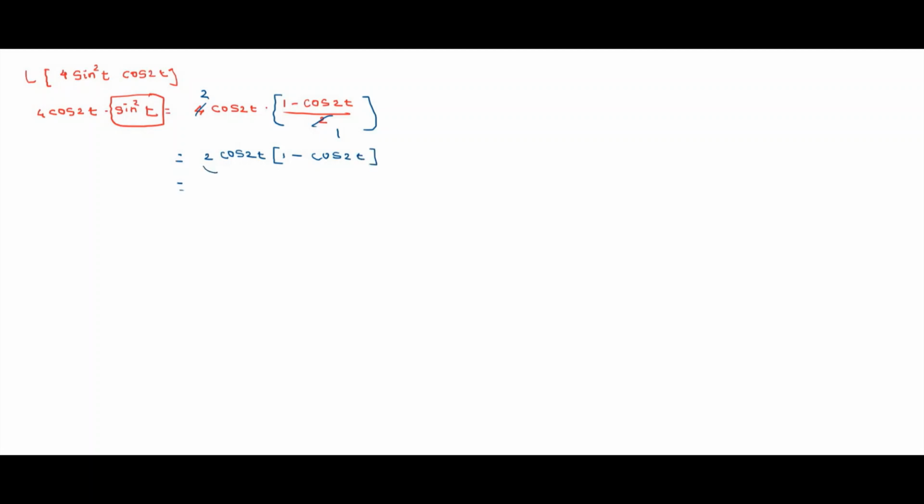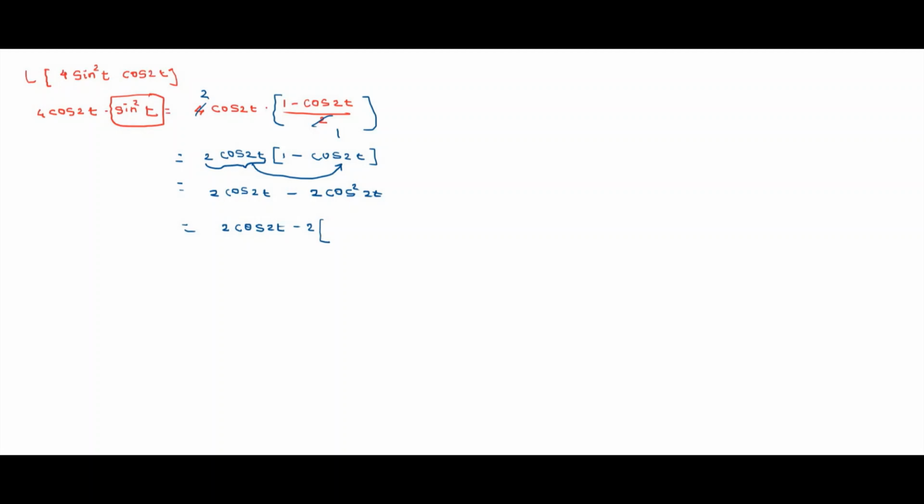Now simplifying this bracket, 2 cos 2t into 1 is 2 cos 2t, and 2 cos 2t into minus cos 2t gives minus 2 cos square 2t. Again 2 cos 2t as it is, minus 2 as it is into bracket cos square 2t.